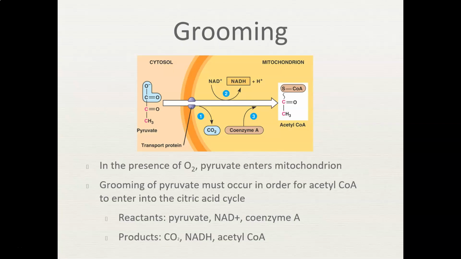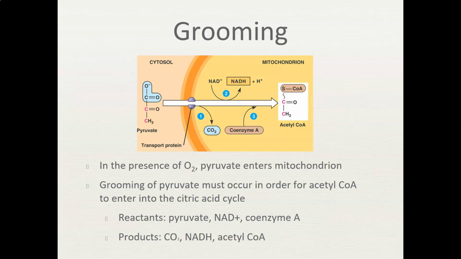All right, so at the conclusion of glycolysis, we have produced those pyruvate molecules, and here is what one of those molecules looks like. Here's the thing, in order to get that pyruvate into the next major phase of cellular respiration, which is your citric acid cycle, we have to move those pyruvate molecules from the cytoplasm into the mitochondrial matrix.